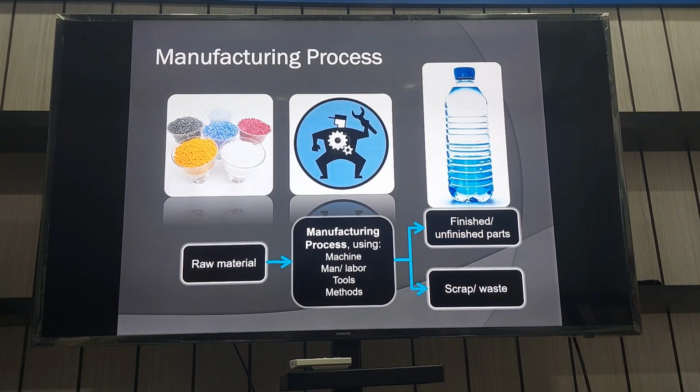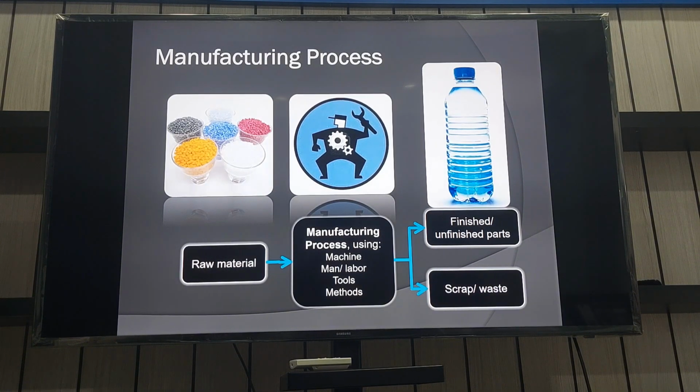So in my opinion, raw material is a substance that helps to produce the finished part, or also the unfinished part, that goes through a manufacturing process by the machine or maybe labor.